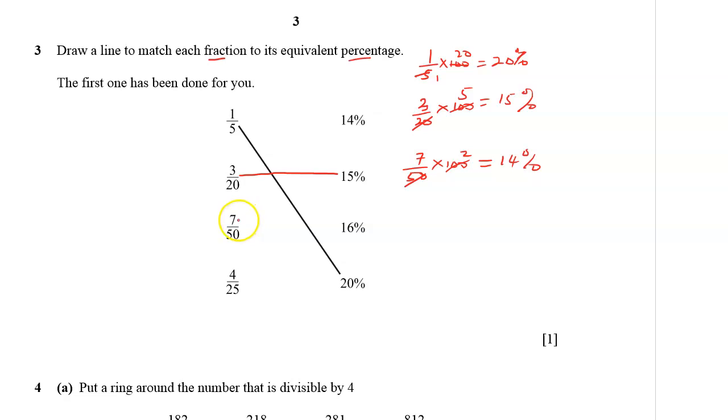So this one comes right there. Then 4 divided by 25 times 100. 25 goes 4 times there, so 4 times 4 gives us 16%. Therefore, this comes right there.